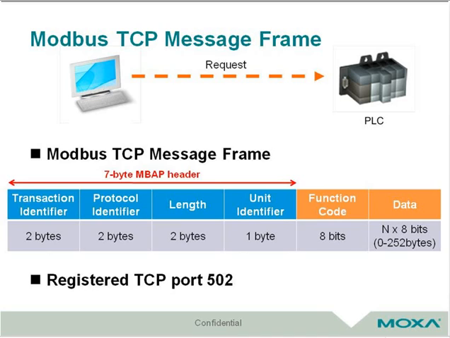The last part is the unit identifier. This field is used for intra-system routing purposes, and I'll explain the details later. And the Modbus TCP messages are sent via TCP on registered port 502.